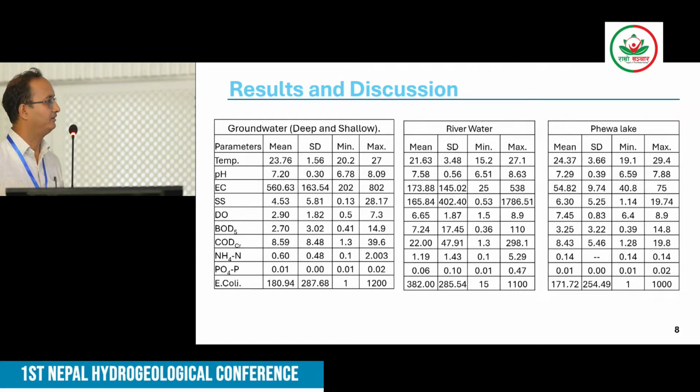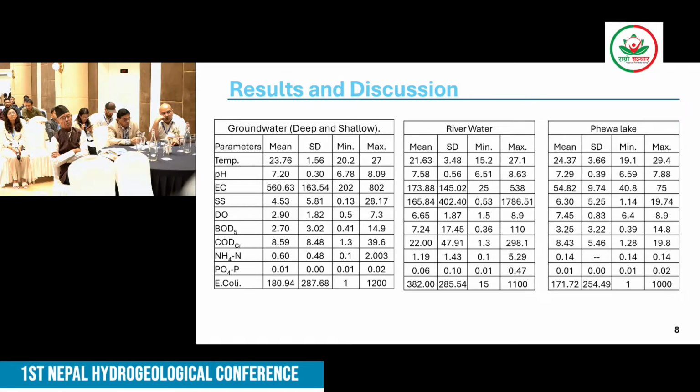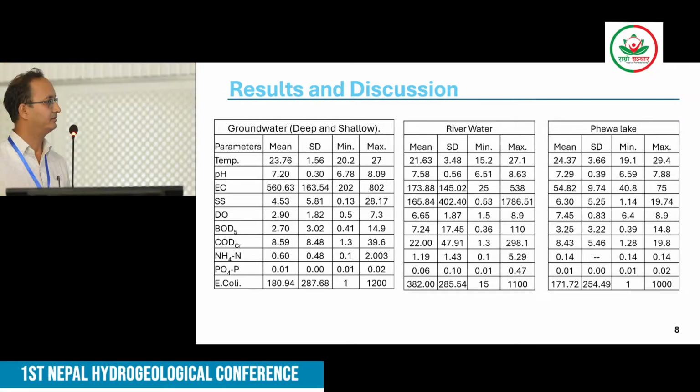And this is a very interesting one, I think, the E. coli. You can see here in the groundwater, the minimum CFU, colony forming units, is 1 and the maximum is 1200.